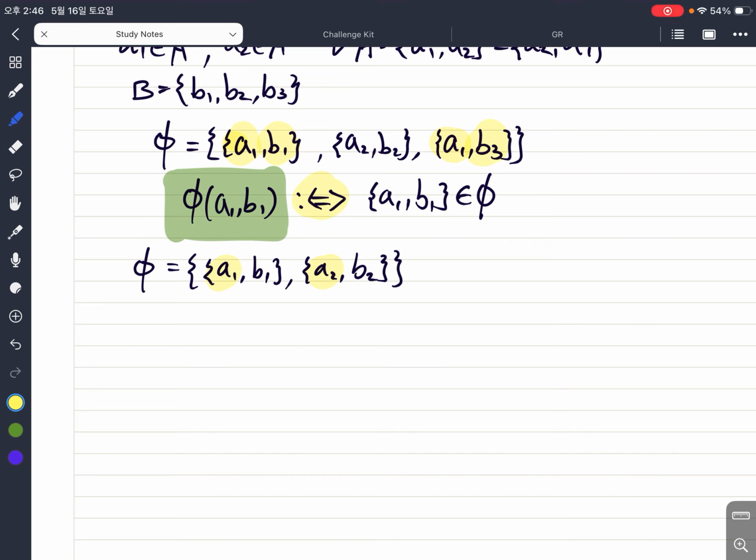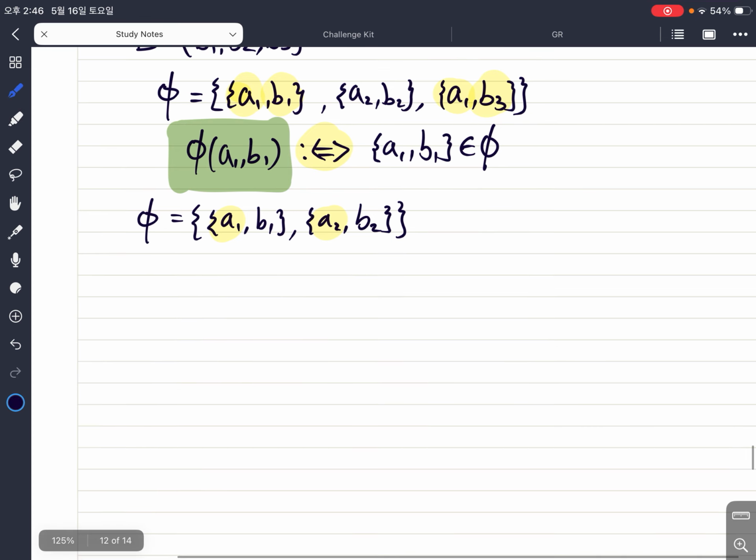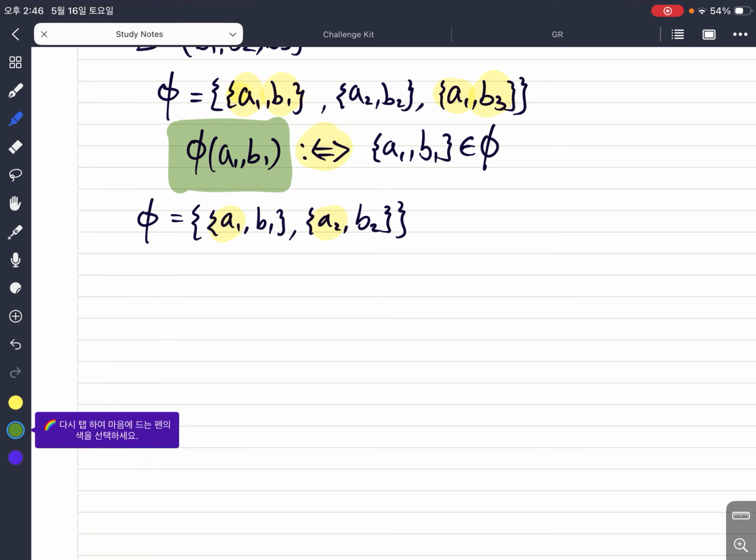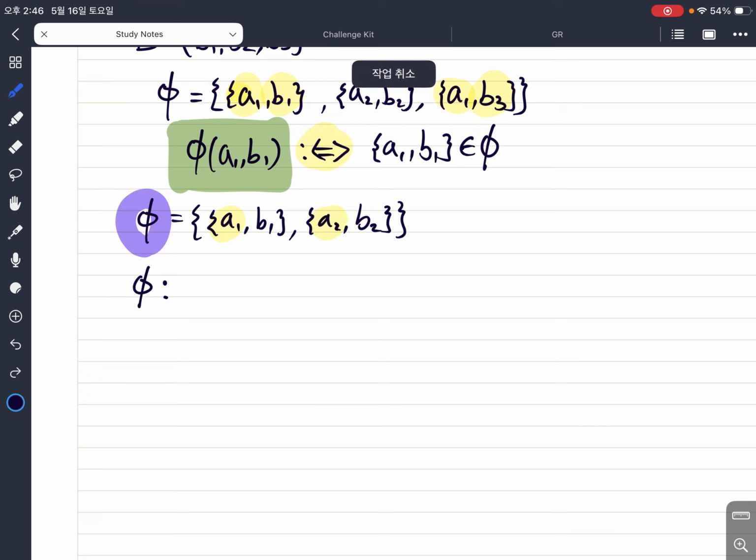In this case, unique is important. In this case, you say it is a function or map. So the name function or map is just this. You write phi, and you have two different sets. One is A, I write here.